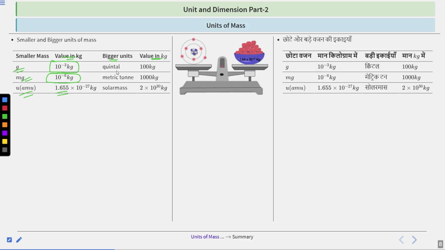Bigger units: quintal, 100 kg; metric ton, 1000 kg; and solar mass, 2 into 10 power 30 kg. Remember this number, which we famously call Avogadro's constant, and this one, which we famously call the Chandrasekhar limit.